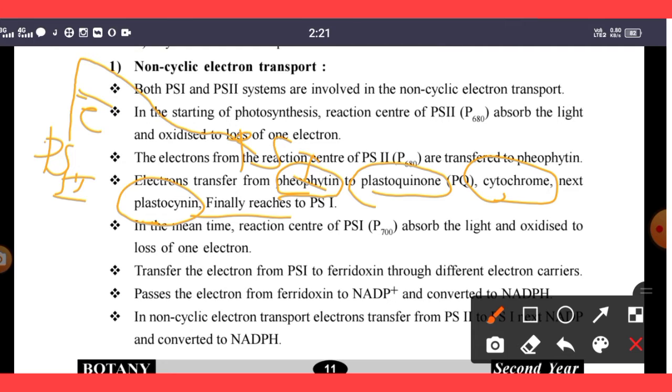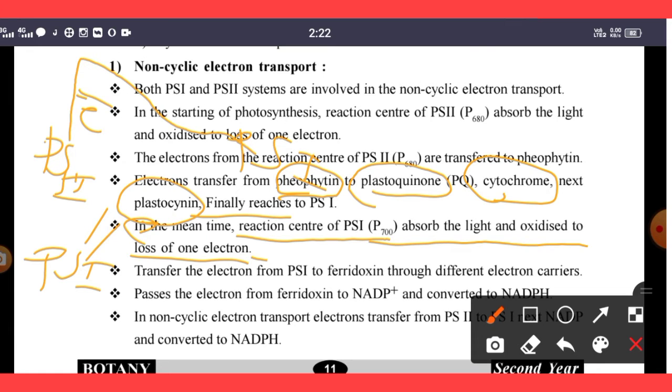Now what happens? The reaction center PS1 700 absorbs the light and is oxidized with loss of one electron. Next, whatever chlorophyll is present in PS1 is also exposed to light and gets oxidized, releasing the electron.